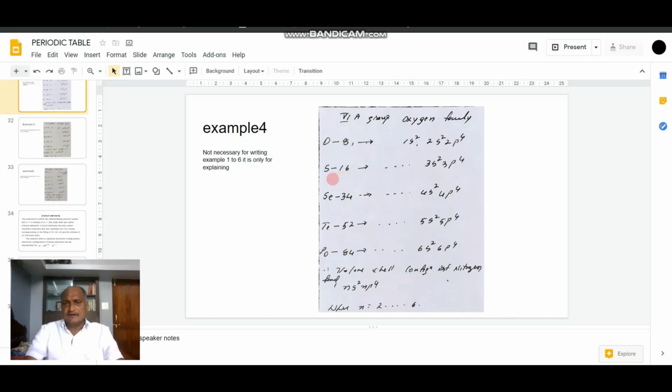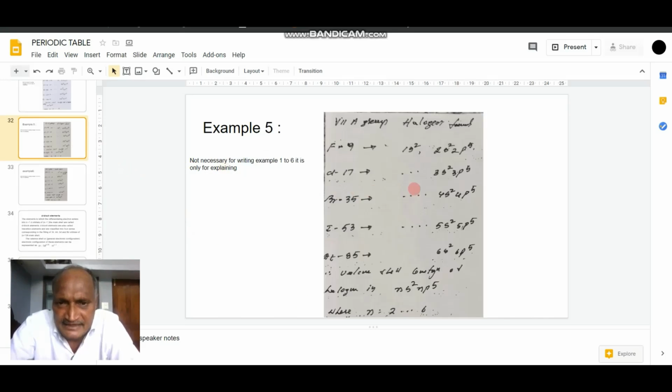Likewise, sulfur, selenium, tellurium and polonium receive 4 electrons in the form of a p subshell. Hence, oxygen family also belongs to the p block, and the valence shell configuration of oxygen family is represented as ns2 np4. Coming to the next example, halogens.